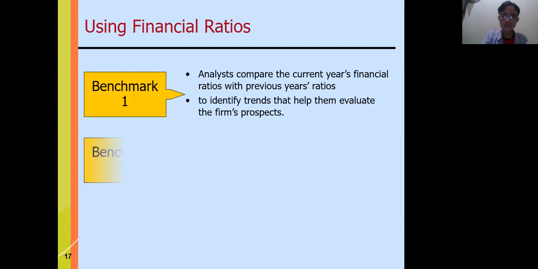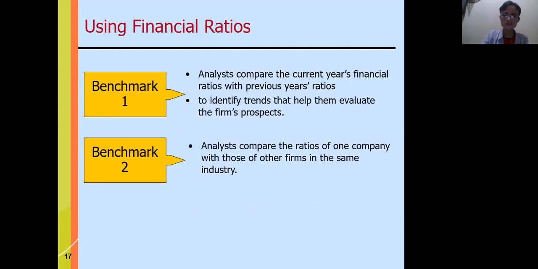For our financial ratios, what's the point of them? For benchmark one, normally analysts would compare the current year's financial ratios with the previous year's ratios, just to check if there are trends that would help them evaluate the firm's prospects, or we look into the advantages of the firm and the opportunities of the firm. While benchmark two would be we compare the ratios of one company with other firms.